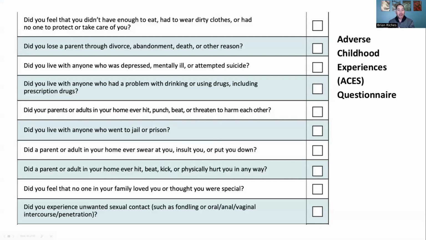Basically, this is an assessment that tries to get at what stressors did you have, and how likely it might be that you will have trauma right now. Based on these aversive childhood experiences, like it was saying, the more of these that a person checks off, the higher the risk factor.